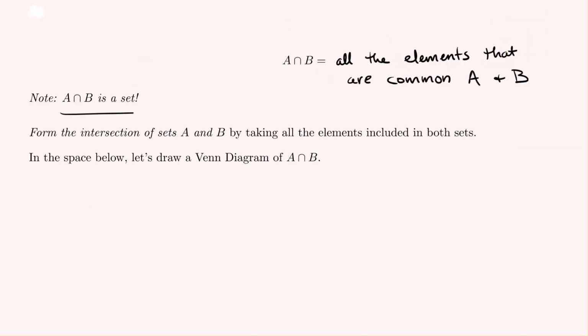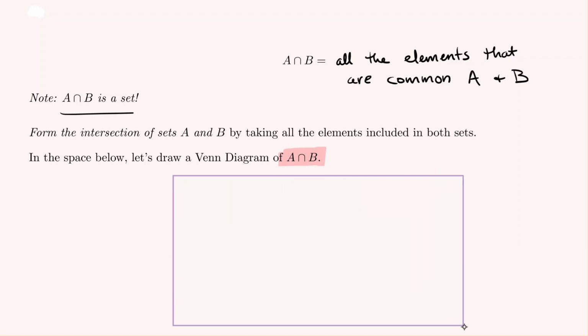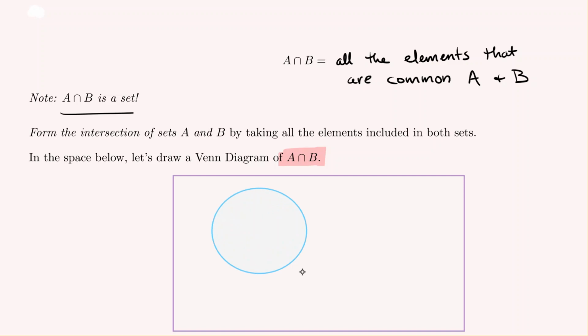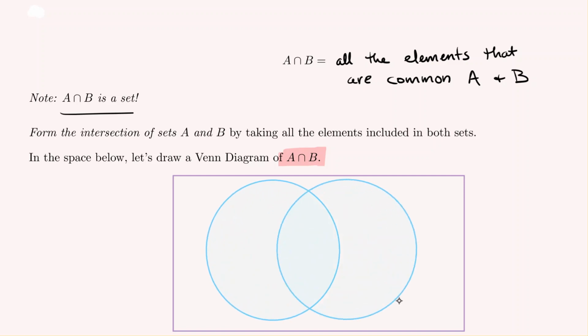So let's draw our basic Venn diagram for the intersection of A and B. To begin, we draw our universal set. And within our universal set, we have set A, we have set B, we make sure we show there's an overlap.